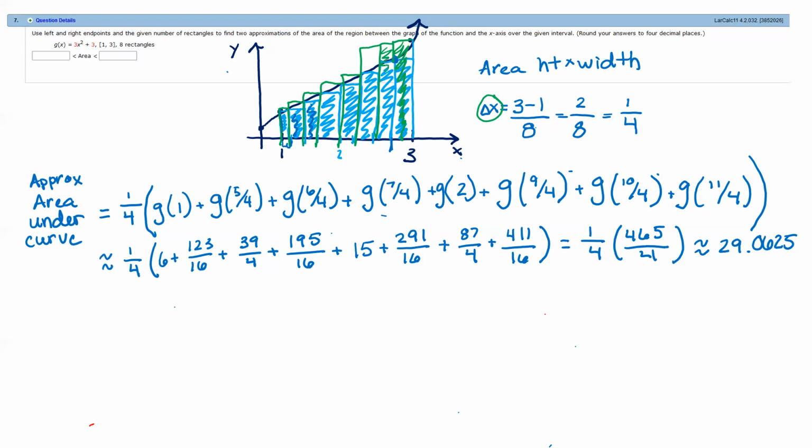What you should notice, even with my errors, is that these green rectangles using the right endpoints definitely have some overage. So I'm going to be above the area under the curve.